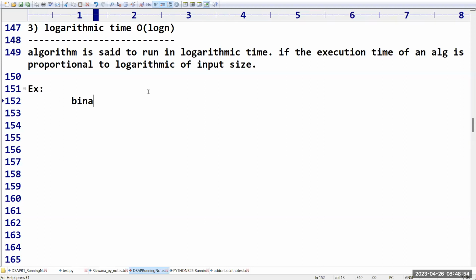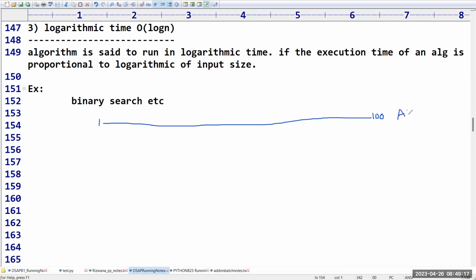The best example for this algorithm is nothing but binary search. Sir, we have so many algorithms, but I'm going to talk about only one algorithm, which is binary search. Sir, what is this algorithm? For example, listen carefully. I have the elements from 1 to 100. These elements are already sorted in ascending order.